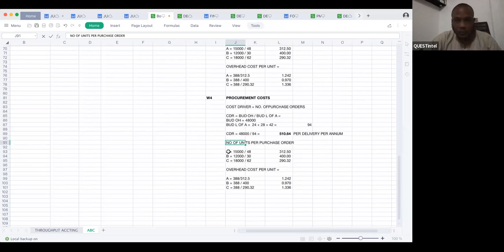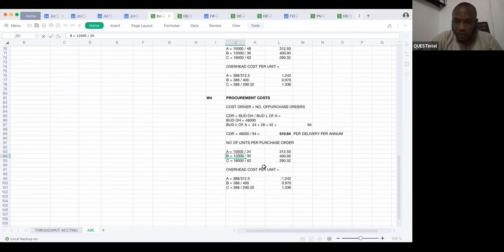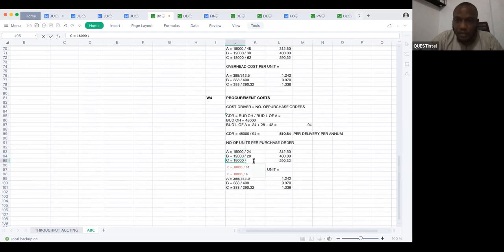So 15,000, that's still 15,000. Divided by 24. The next one is 12,000 divided by 28. And then the last one is 18,000 divided by 42.